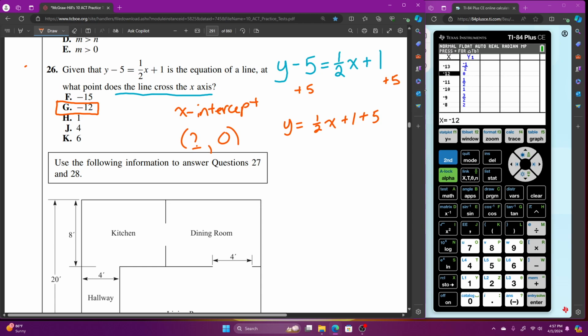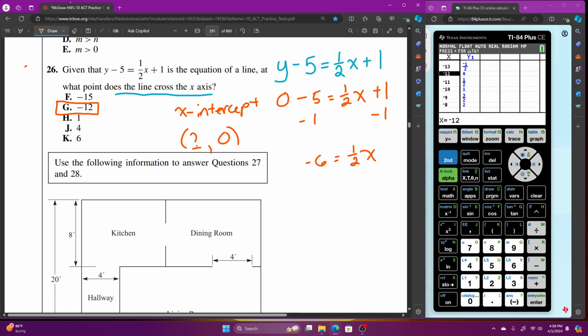Another way to solve this, you could go back to the original equation. I'm going to erase all of that and just put in a 0 for your y. 0 minus 5 equals 1/2 x plus 1. And solve for x. Subtract 1 on both sides. 0 minus 5, -5 minus 1, -6 equals half of x.